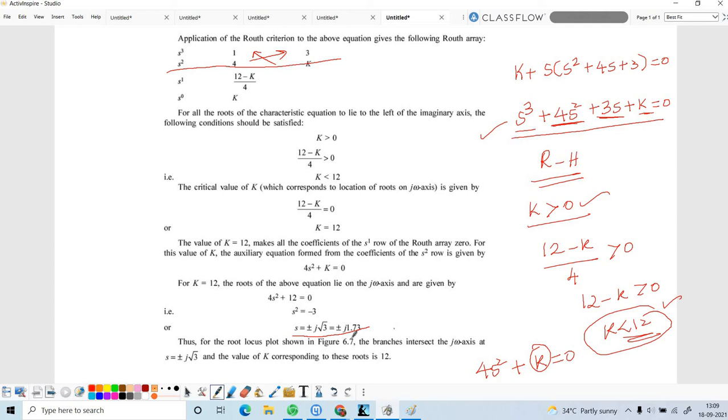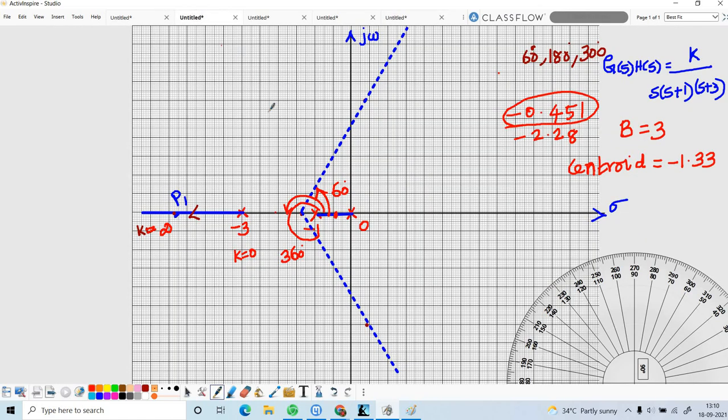The answer is plus or minus j 1.73. Okay, next I am going to mark this point in the imaginary axis of the root locus. The value is plus or minus j 1.73.